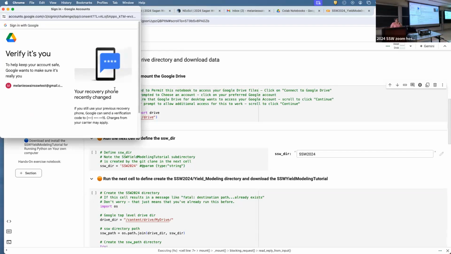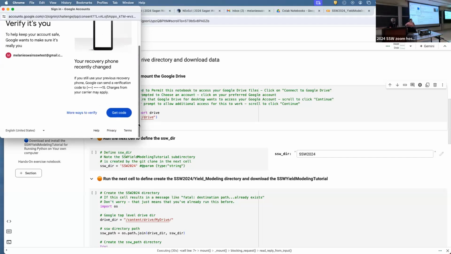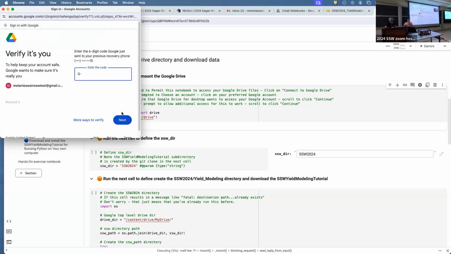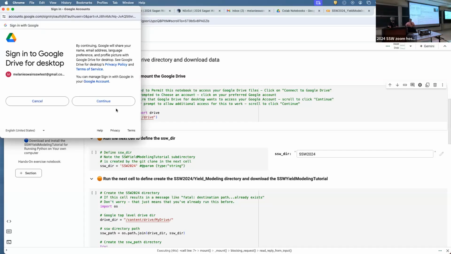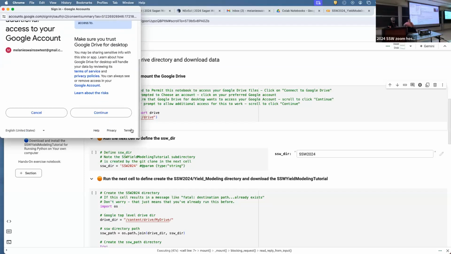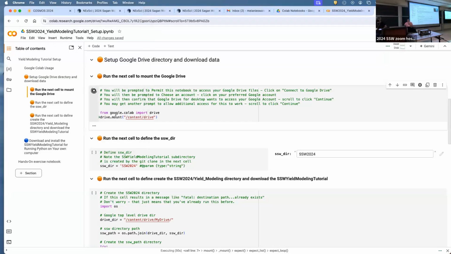And I need Melanie to come up and do her two-factor authentication because we're using her Google Drive. Thank you, Melanie.